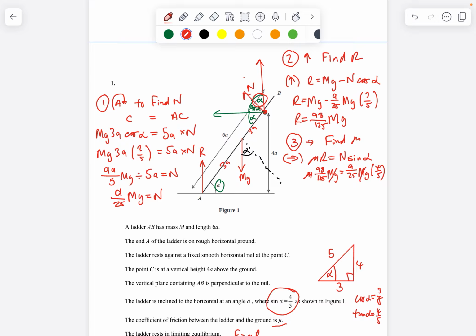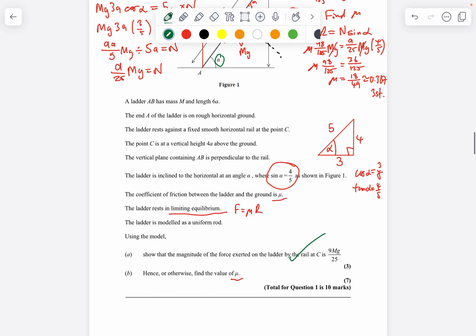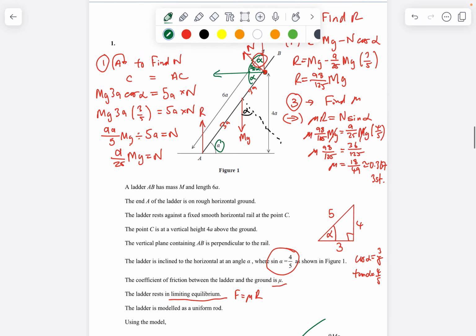So now that means that 36 over 125 is equal to mu times 98 over 125, and that means that my mu is equal to 18 over 49, which is about 0.367 to 3 significant figures. And that is B taken care of.